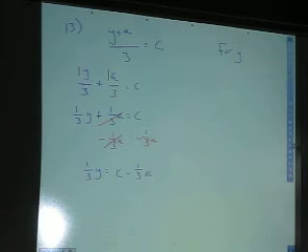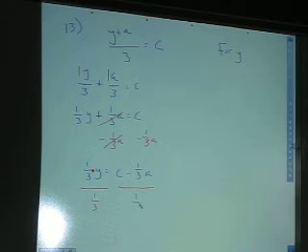The only other step that we need to take to finish solving this equation for y is we know that 1/3 y is 1/3 times y. So I'm going to divide the left by 1/3 and I'm going to divide the entire right by 1/3. 1/3 divided by itself cancels, and what we end up with on the left hand side is just y.